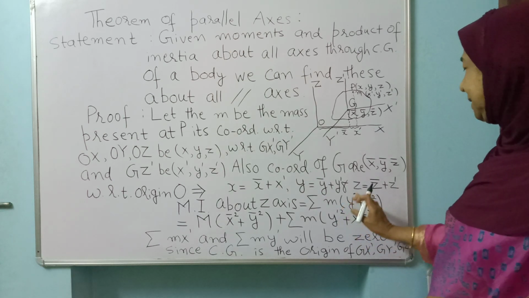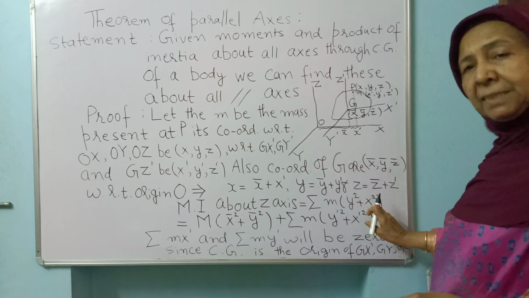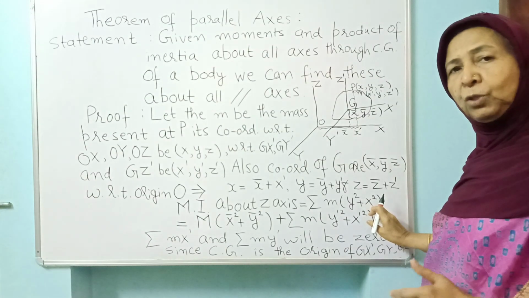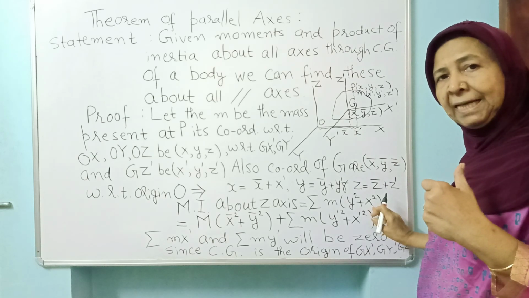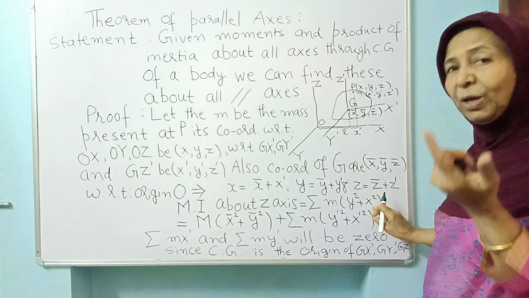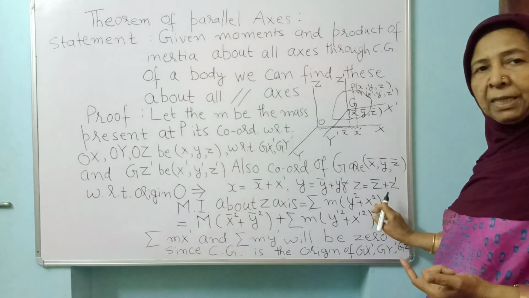So it is the summation of m times y square plus z square, because you know the distance from the z axis will be the square root of y square plus z square. So the square of that will be y square plus z square.